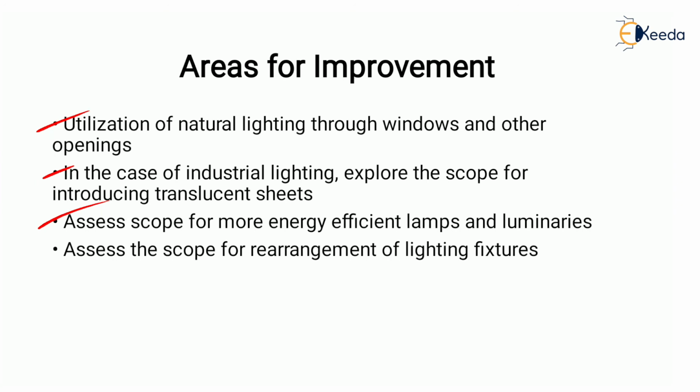So we can use the latest one, that is LEDs, LED lamp. And the last is assess the scope for rearrangement of the lighting fixtures. So in this way there is a scope for the improvement. So that's it for this video.